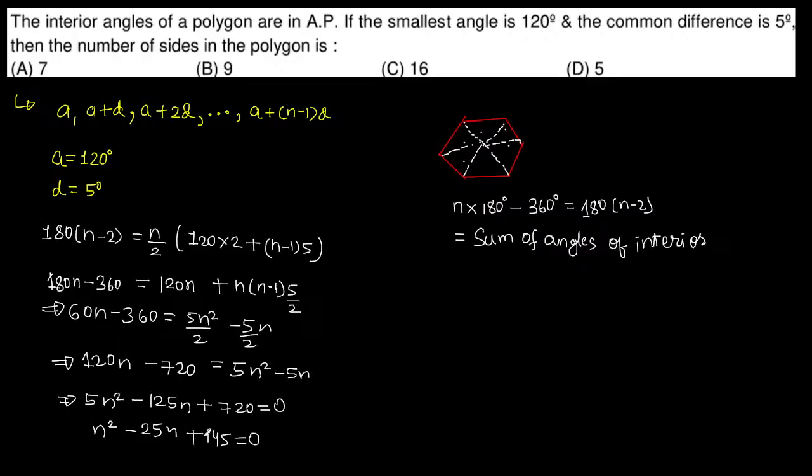n equals 9, we will find n. n equals 25 plus or minus root under b square minus 4ac, by 2.